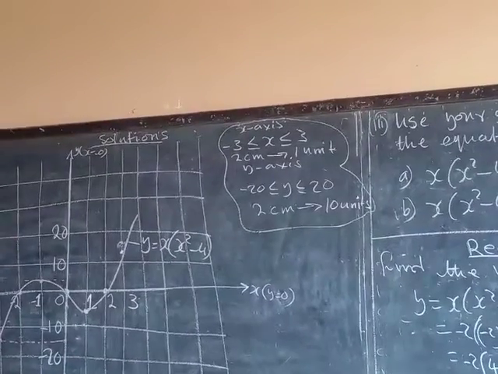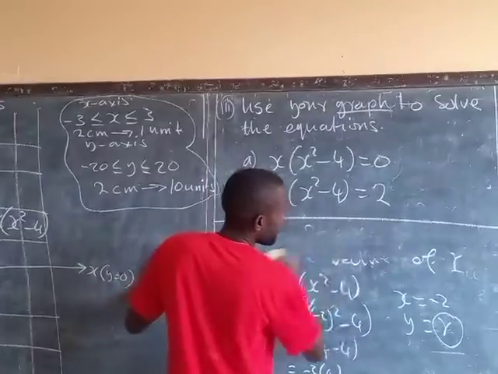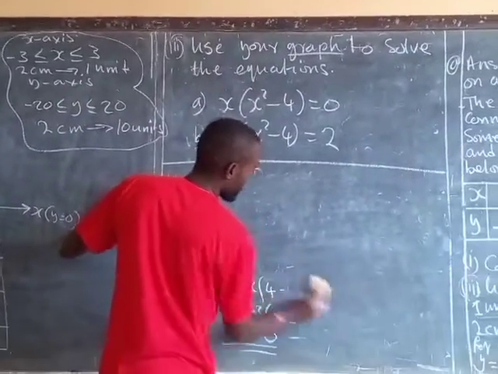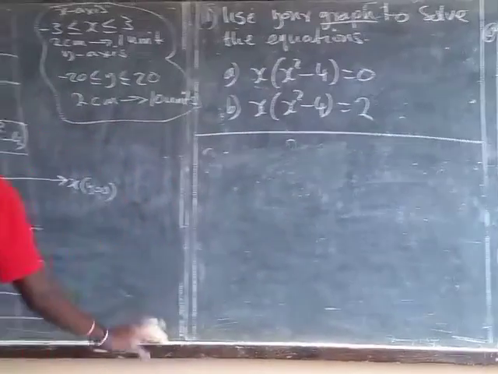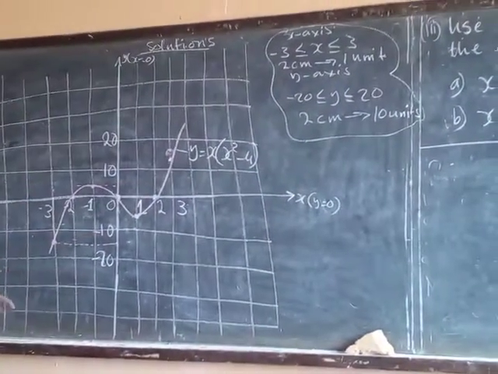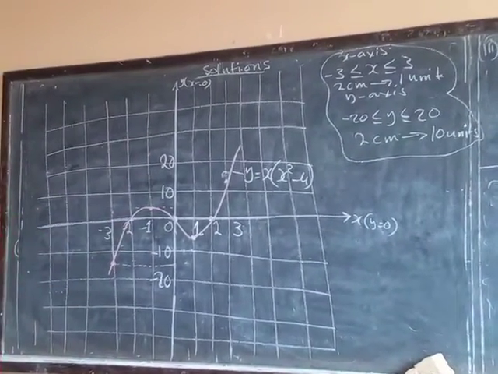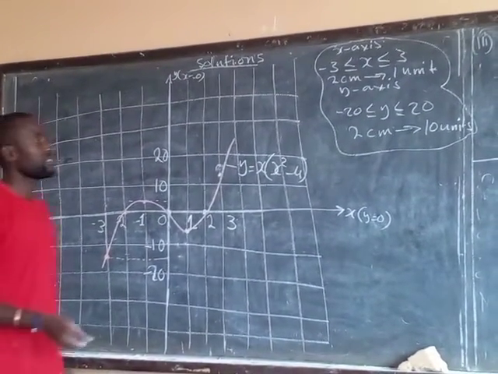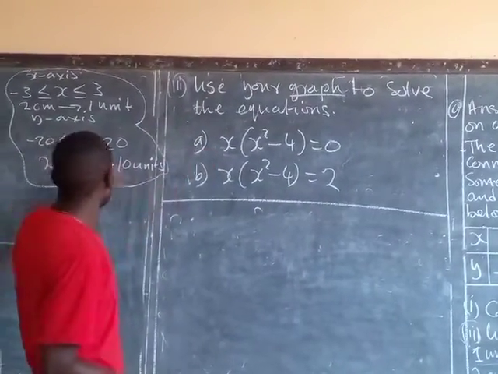So, let's see how we can solve these equations using the graph which we have drawn. Make sure that you draw this graph using your graph paper, graph pad, and you're going to get an accurate answer. It will look better than mine. And we shall see the importance of the graph of a polynomial. So now let's solve these equations using the graph.